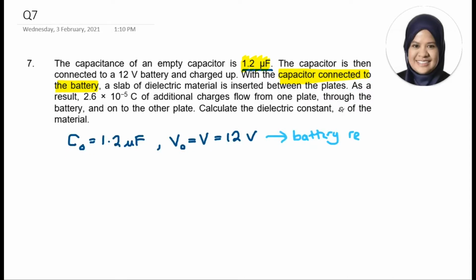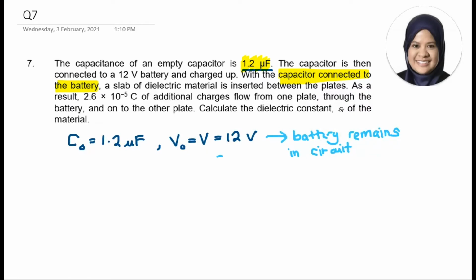Bateri masih lagi ditinggalkan. That is why my voltage across capacitor, whether the capacitor has not been inserted with the dielectric initially atau selepas itu, after dielectric being inserted, bateri masih ada. Sebab itulah capacitor saya ada voltage yang tetap constant.